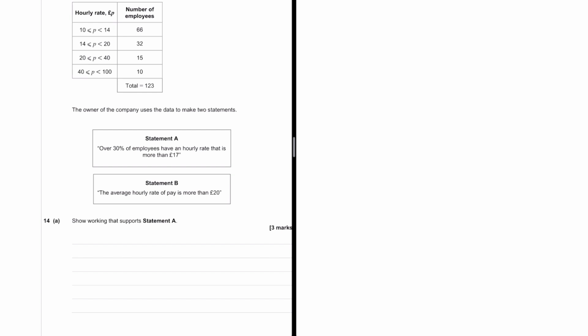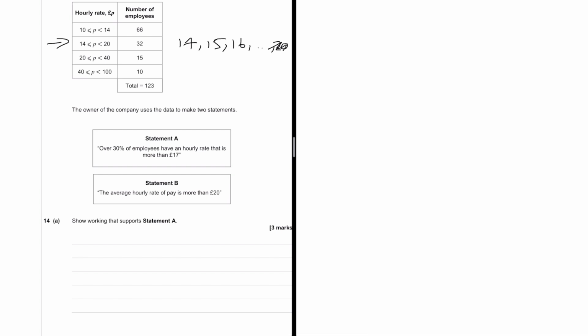Well, one way we can do this is if we say that each incremental value in this bracket here, each equal incremental bracket, i.e. £14, £15, £16, up to £19, though it won't be £20 because it's less than 20.